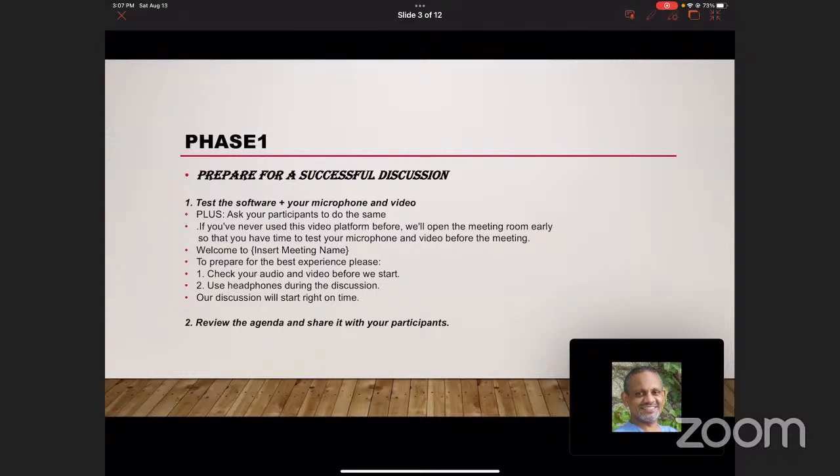That is in the form of an email. Or you can create a slide that says: welcome to the meeting name. To prepare for the best experience, please check your audio and video before we start. Use headphones during the discussion. Our discussion will start right on time. You should also review the agenda and share it with your participants.